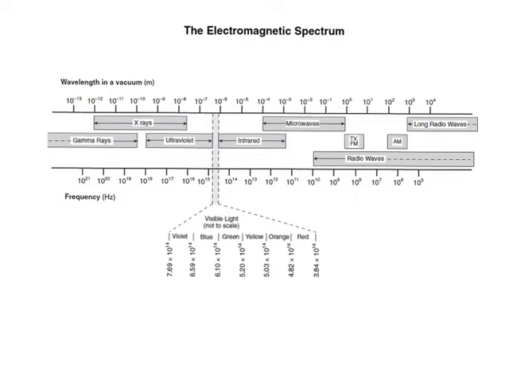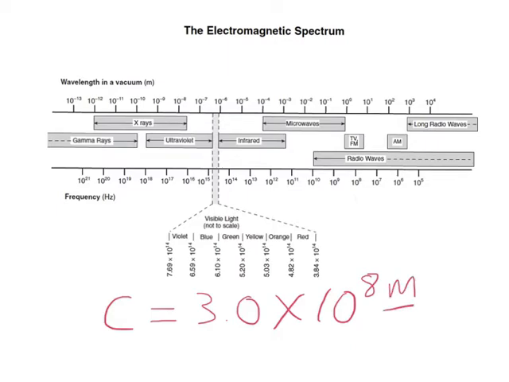The speed that that process happens at is 3.0 times 10 to the 8th meters per second. That's how rapidly electric fields make magnetic fields make electric fields, and you might recognize this as the speed of light. So that is the speed that electromagnetic waves travel.